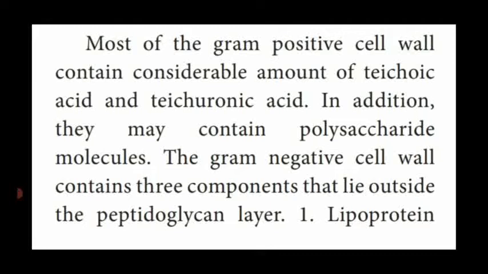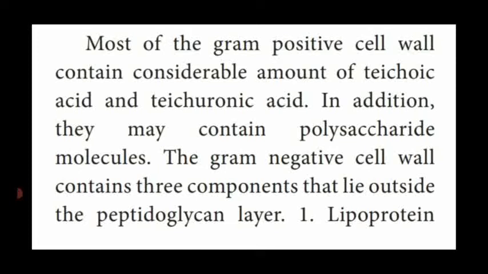Another variability is also shown in the structure of negative and positive bacteria. First, in gram-positive bacteria, the cell wall contains special chemical substances called teichoic acid and teichuronic acid. These two acids are present in the cell wall of gram-positive bacteria.